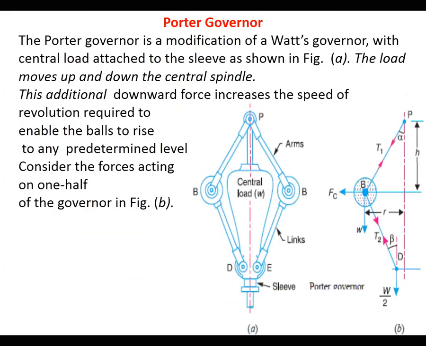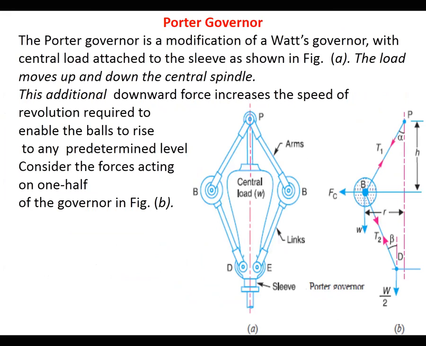Next, tomorrow I'll start the Porter governor. So today we have seen what a governor is and how the governor's working principle takes place. Types of governors: under that, pendulum type and load type. The pendulum type is one, that is a watt governor. Then load type governors are there.